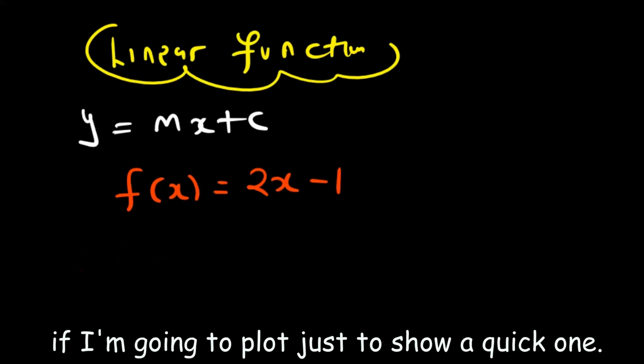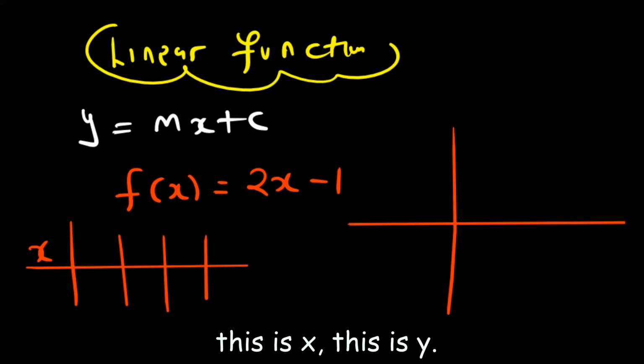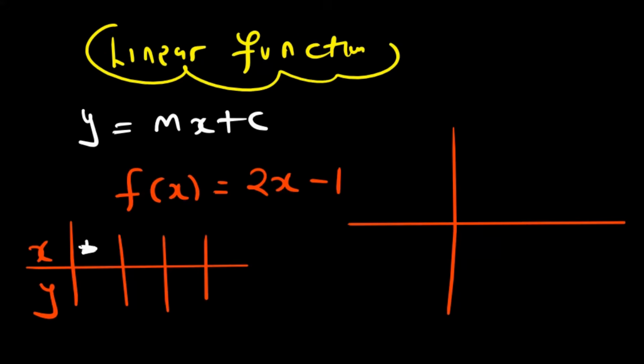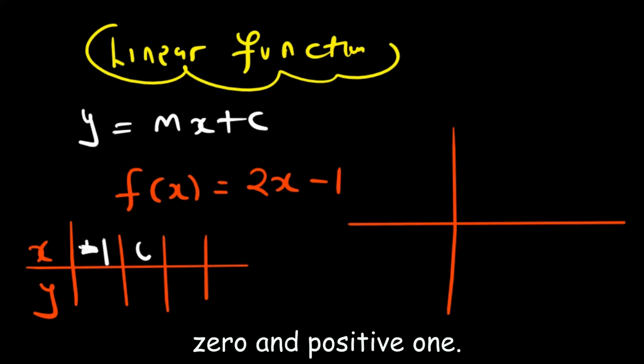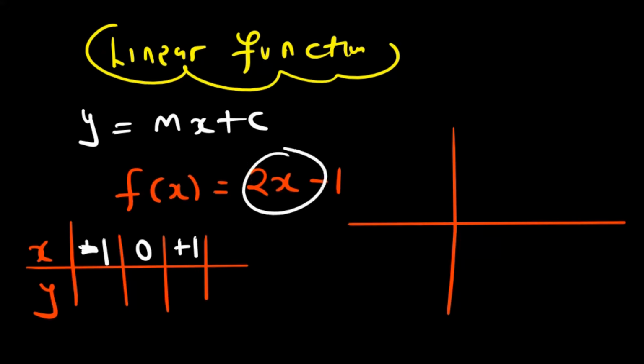if we're going to plot, just to show a quick one, if we're going to choose x and y values, let's say this is x, this is y. Let me pick a negative number, -1, 0 and +1, and replace in this equation. If I put a -1 there, I'm going to have -2 minus 1.